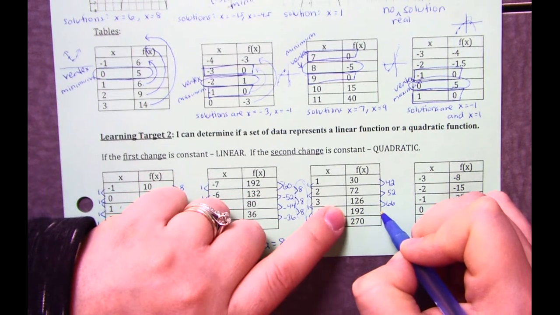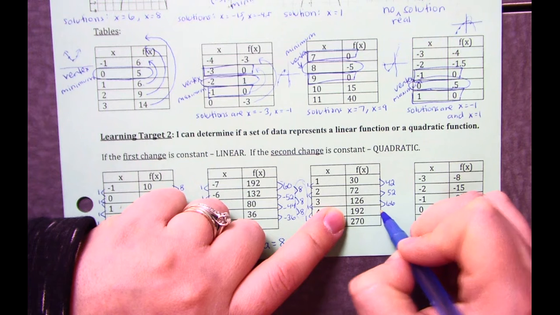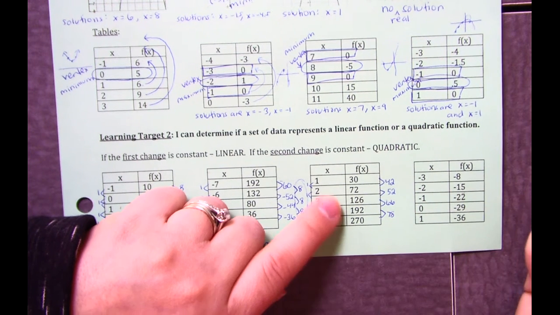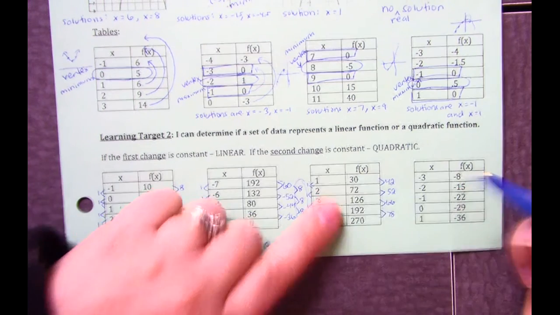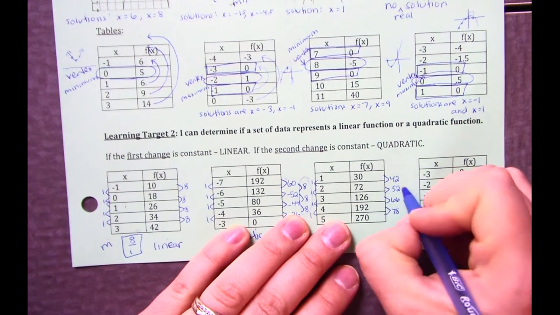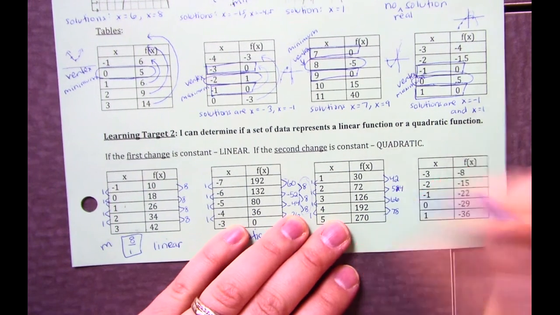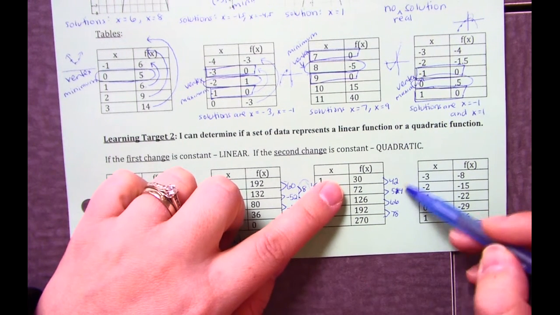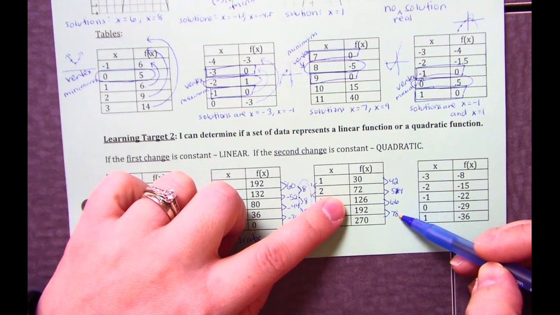And then from 192 to 270, that would be 78. Hold on, that's not 52, that's 54. There we go. So right now we have 42, 54, 66, and 78.